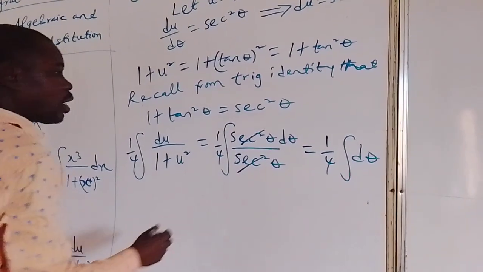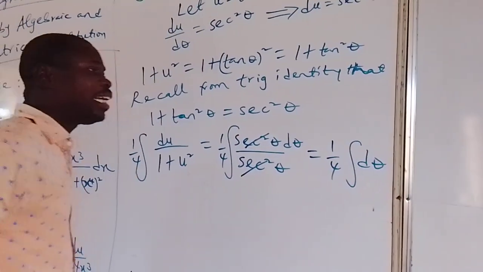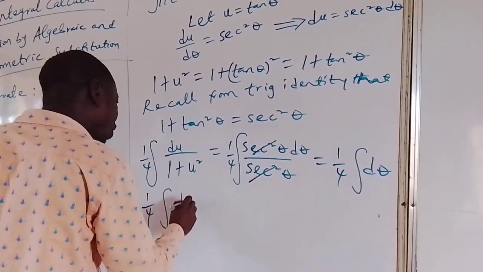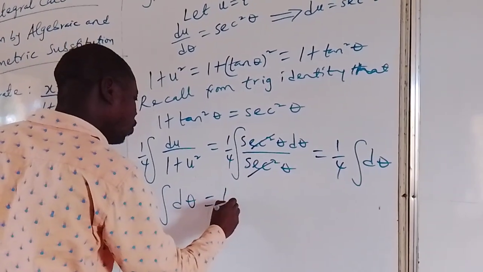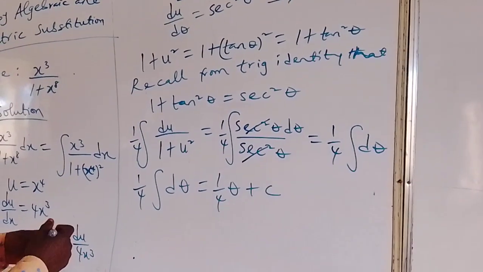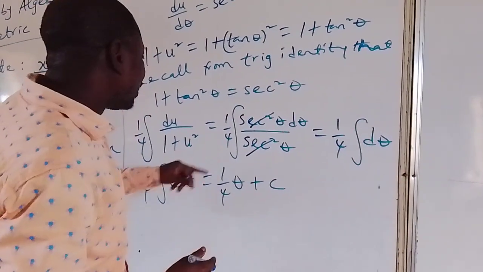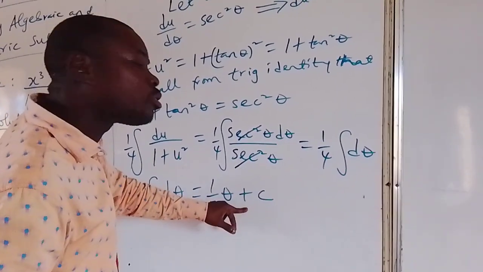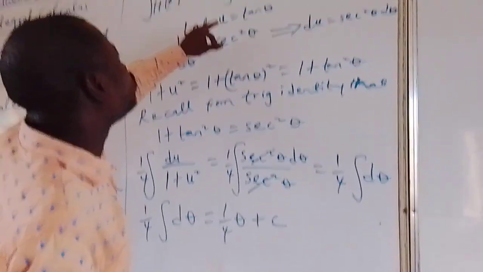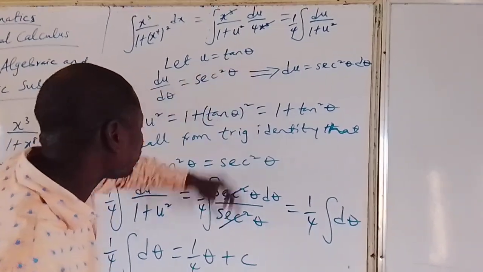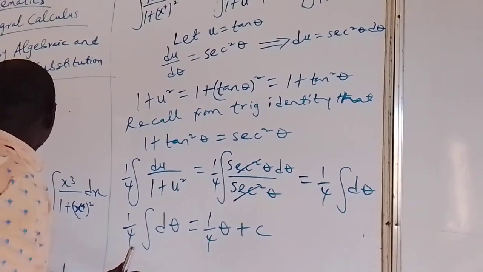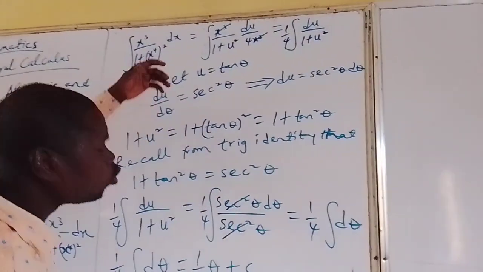So the next line of action now is to integrate this function d theta. So 1 over 4 integral of d theta is equal to 1 over 4 theta plus arbitrary constant. Now, from the onset our u is equal to tan theta, because I must write my final answer in terms of x. I went from x to u, then u to theta.